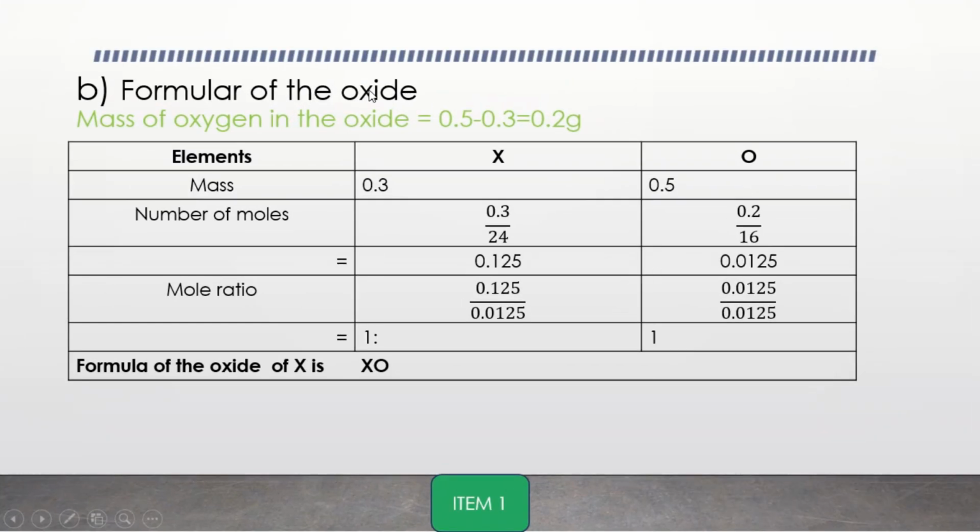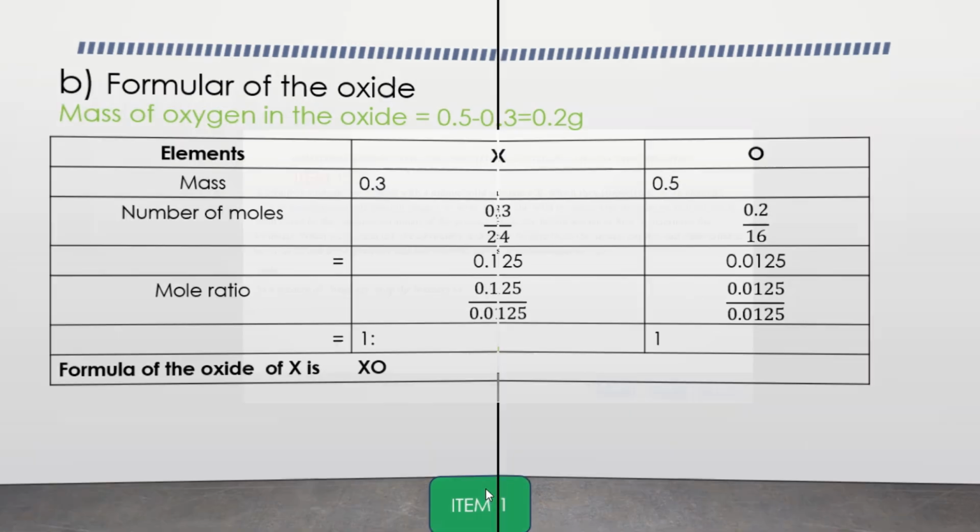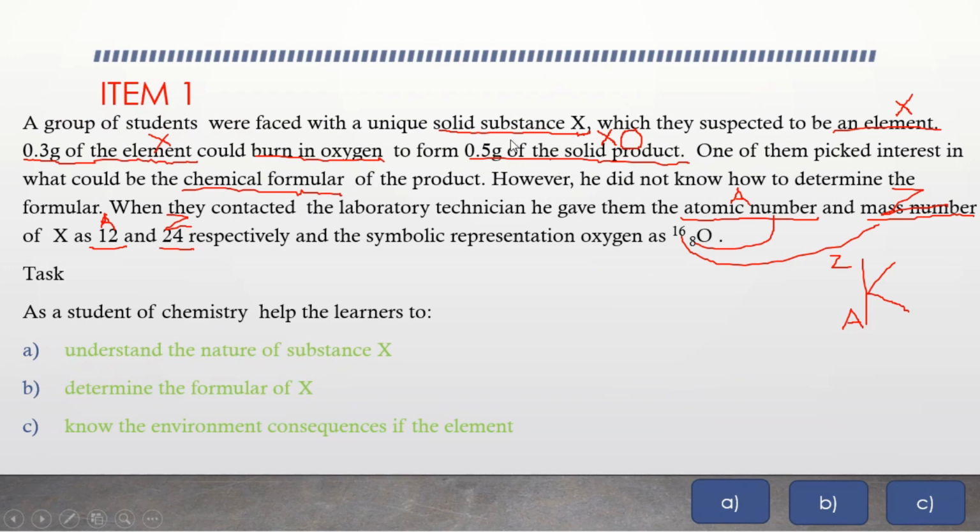So now let's see how we can calculate this. Now for the formula of the oxide, remember in the scenario they gave us the mass of the solid product, and we say the solid product is the oxide. In this case they said the solid product is 0.5 grams, and also they gave us the mass of the element X, but they never gave us the mass of oxygen.